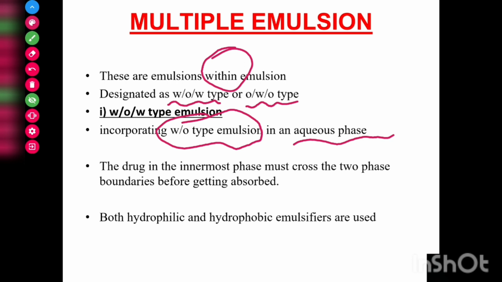Like this, water in oil in water type emulsion will be formed. The drug is present in the innermost phase, so the drug must pass two phase boundaries before it is absorbed. Both hydrophilic and hydrophobic emulsifying agents are used to prepare multiple emulsion.